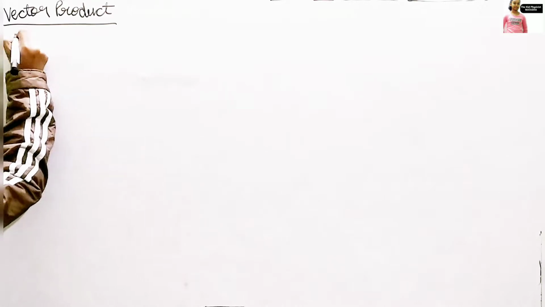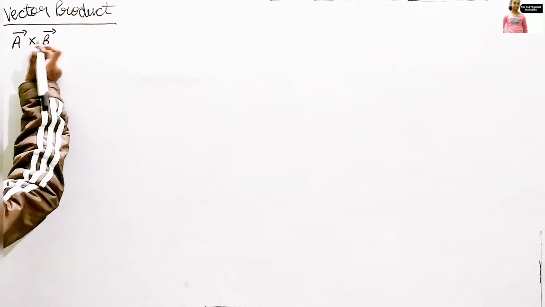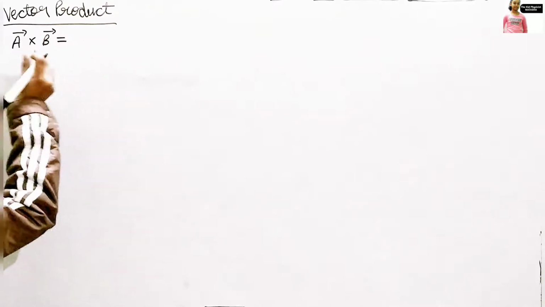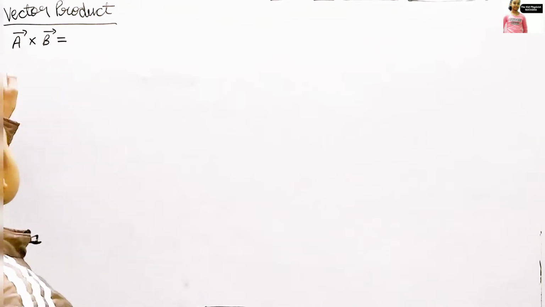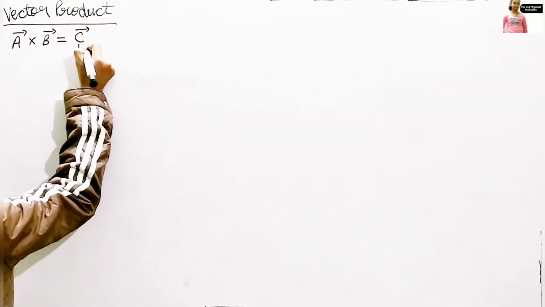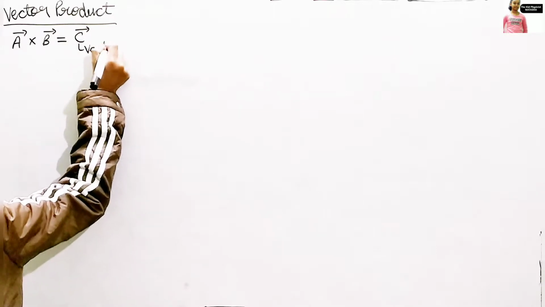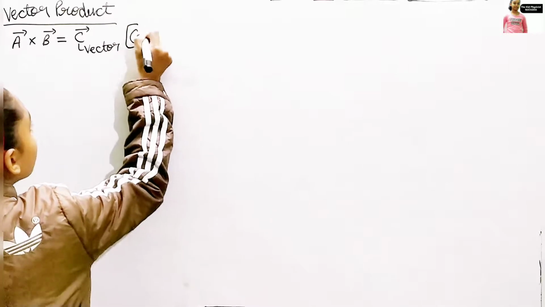Let's take two vectors, vector A and vector B, and do their cross. As we are doing the cross of these two vectors, our answer is a vector. Suppose vector C is coming, and it is a vector, so we can also call it the cross product.